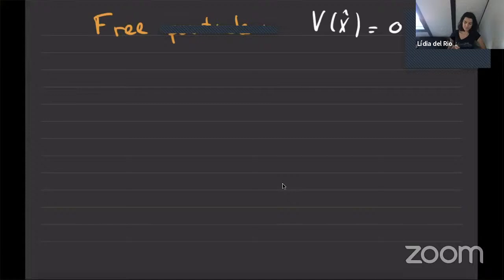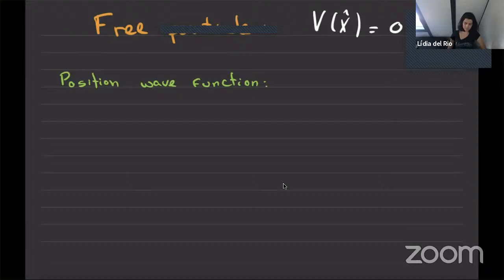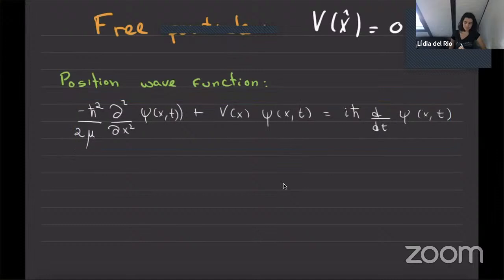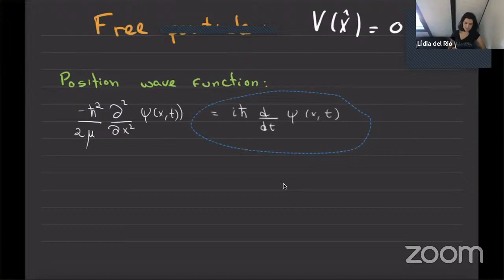Okay, so in this case, first, what happens to the wave function, to the position wave function? Well, we just lose this middle term here because v of x is 0. So we get this.